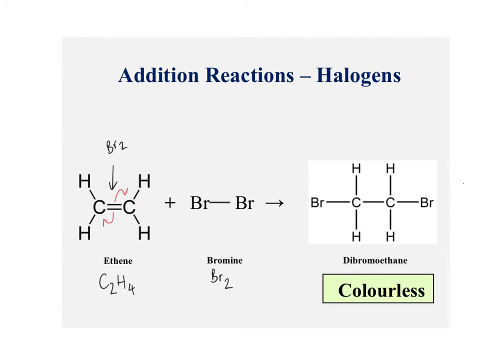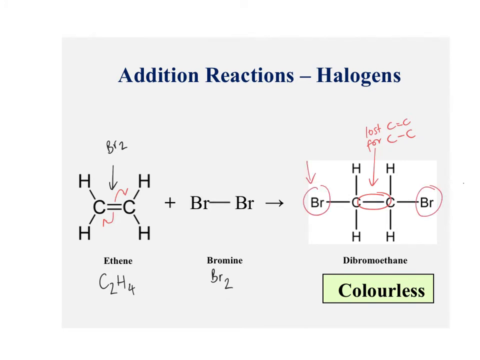We can draw it like this in terms of chemistry. And what happens when that double bond splits is that it turns into a single bond between the carbons. So we've lost the carbon-carbon double bond, and we've produced a carbon-carbon single bond. But we've also added in bromine.